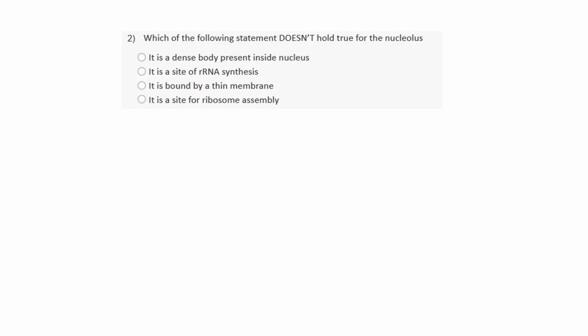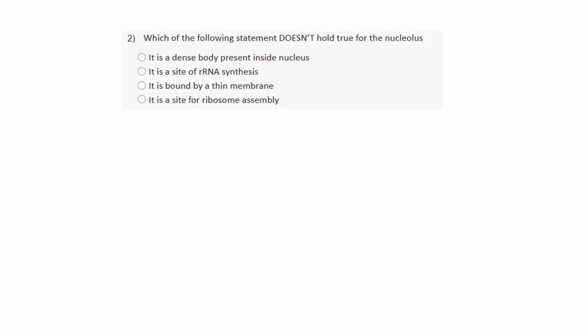Option C. It is bound by a thin membrane. Okay. So please don't use the internet. No cheating over here. So at least two, three other students, I want answers.